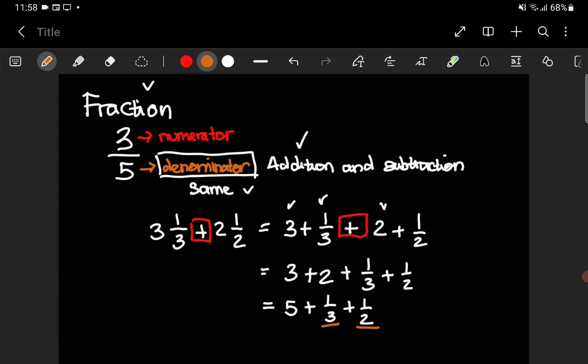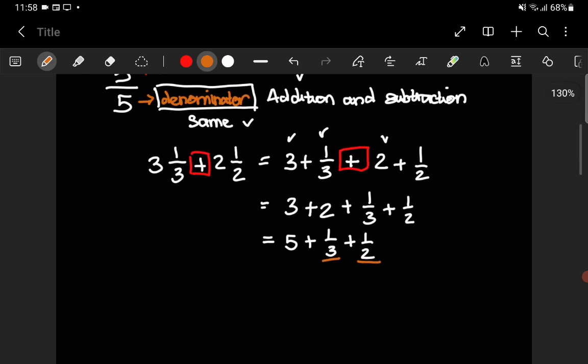Or what is the smallest number available in the multiples of 3 and 2? It will be 6, right? So I will make it into 6. 5 plus 1 over 6 plus 1 over 6.